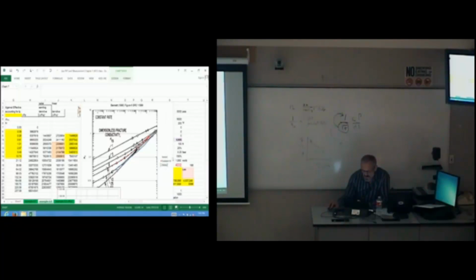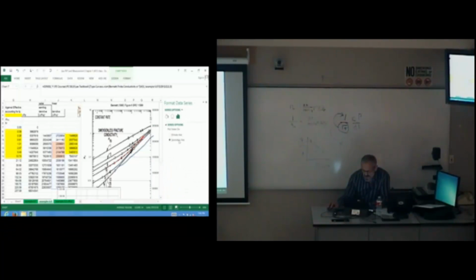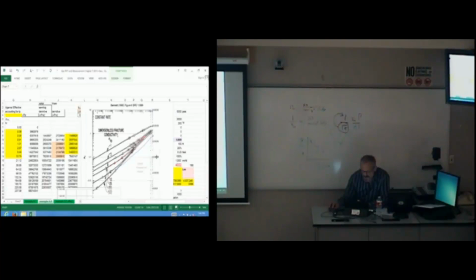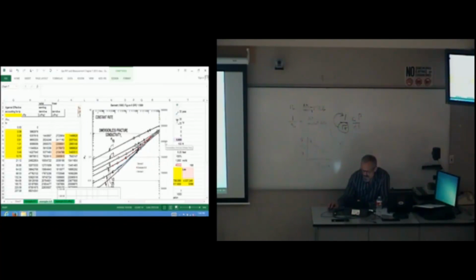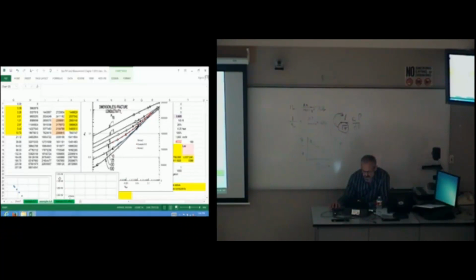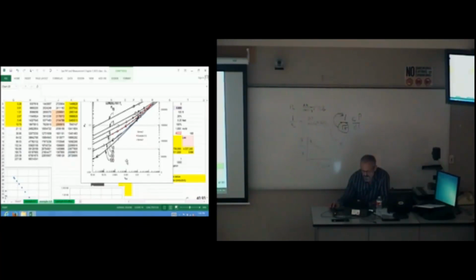Format series. We're on the secondary axis. And just in case I need that again. It doesn't matter whether I use log or not, but how come I don't have it on my data now that I've got it put on my secondary axis?